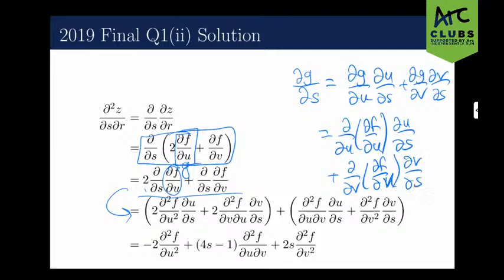And when I simplify that down, I'll get this. And again, we already know what the partial derivatives of u and v are with respect to s and r, so I can just sub all of those in and get this expression as required.